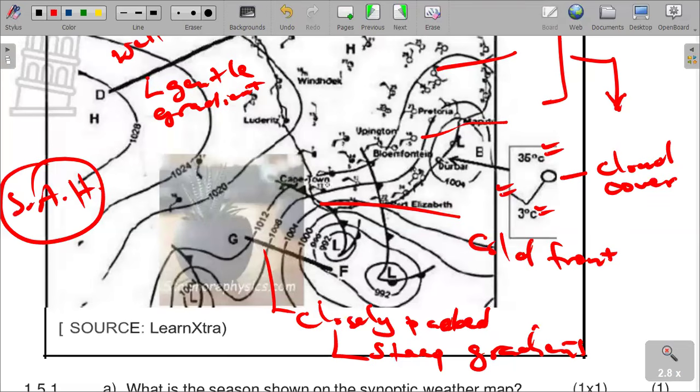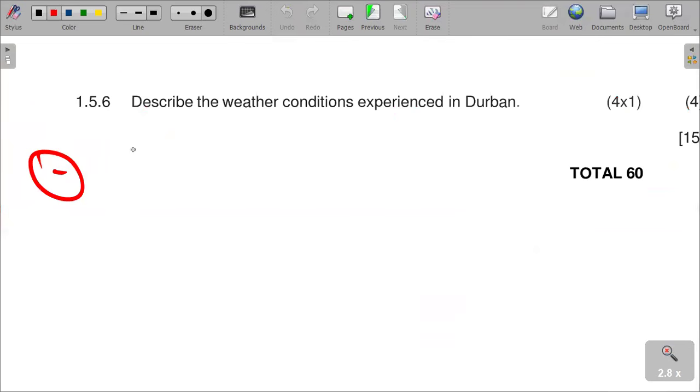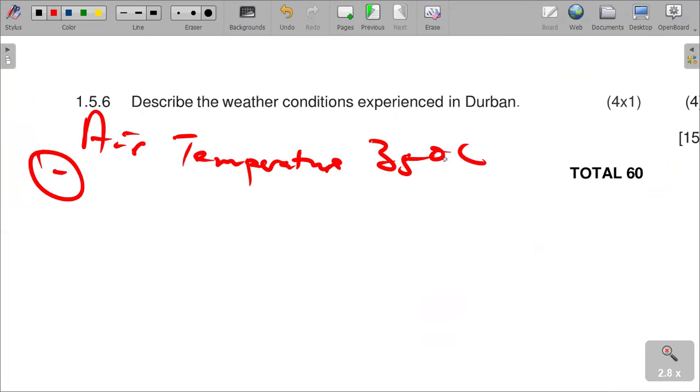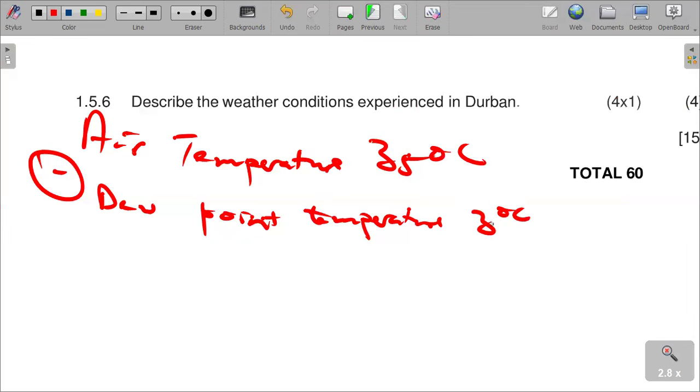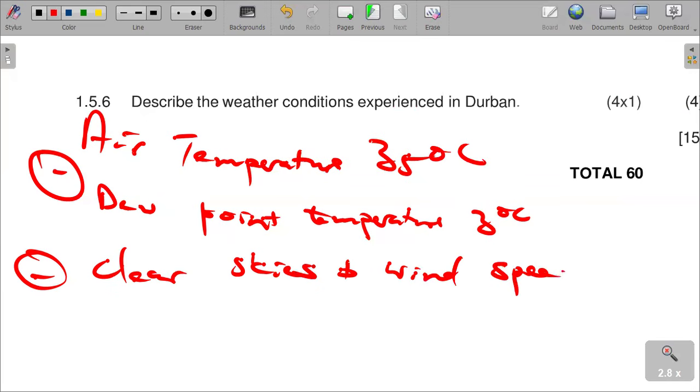The wind direction is also given, showing that it is a southwesterly wind.